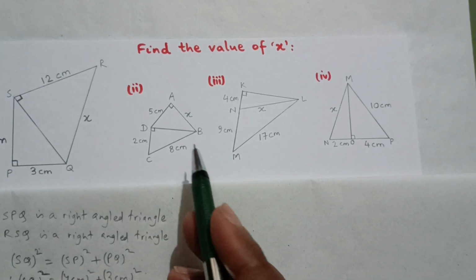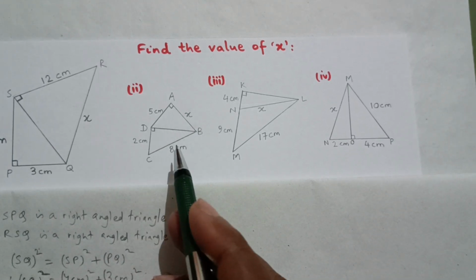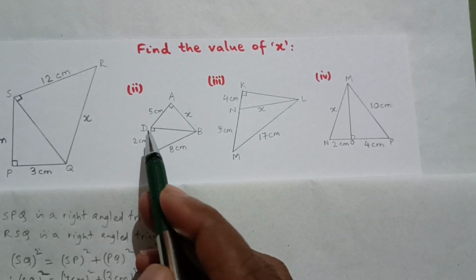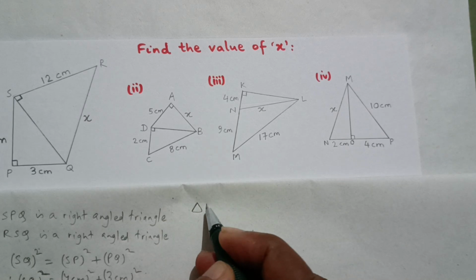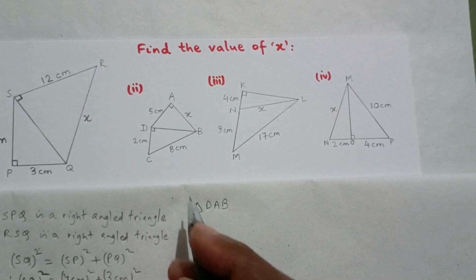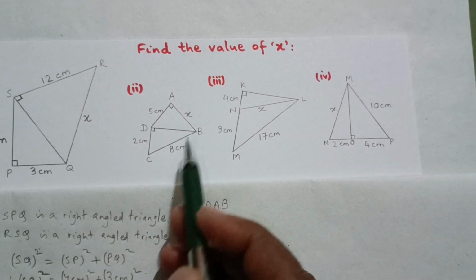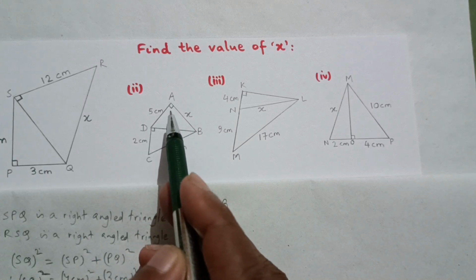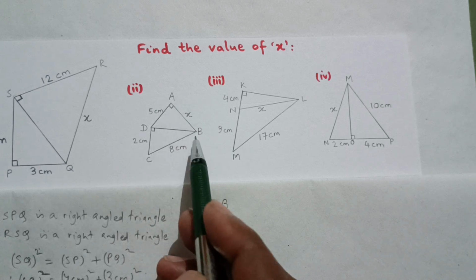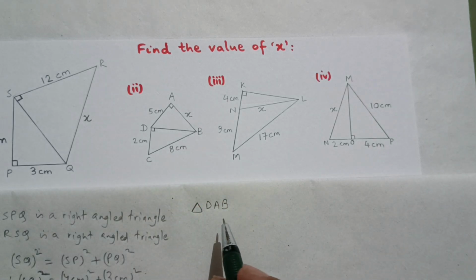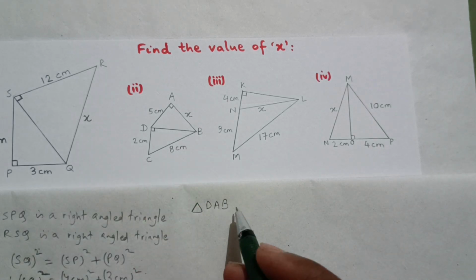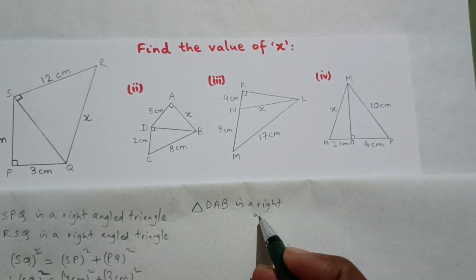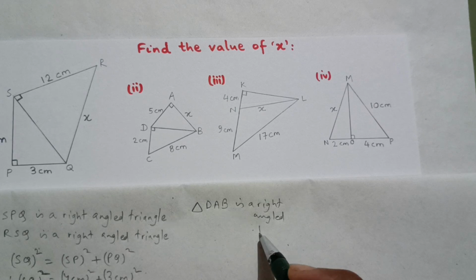Now, in this diagram, I can see two triangles. One is triangle DAB. Triangle DAB is a right angle triangle because here the angle DAB is 90 degrees.